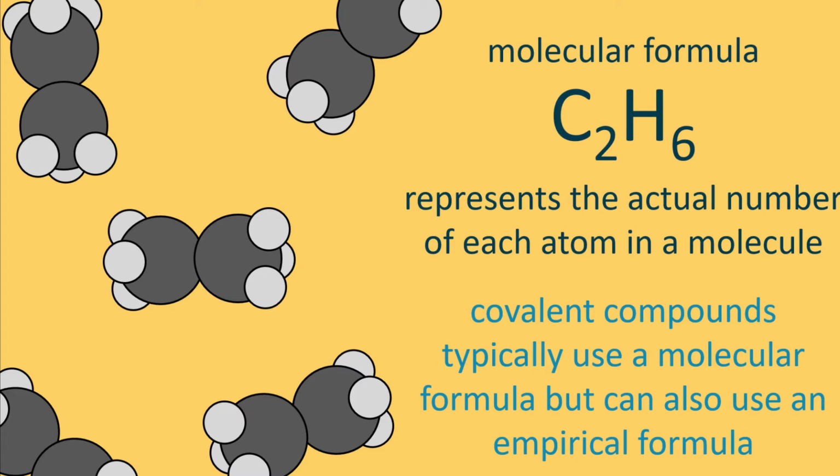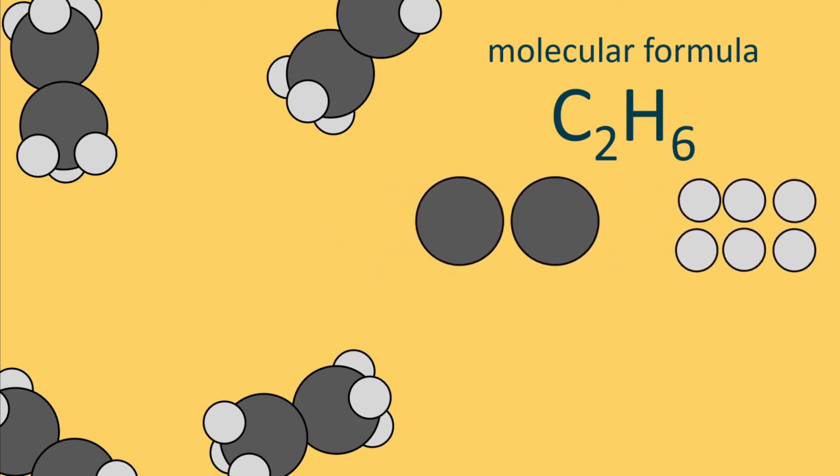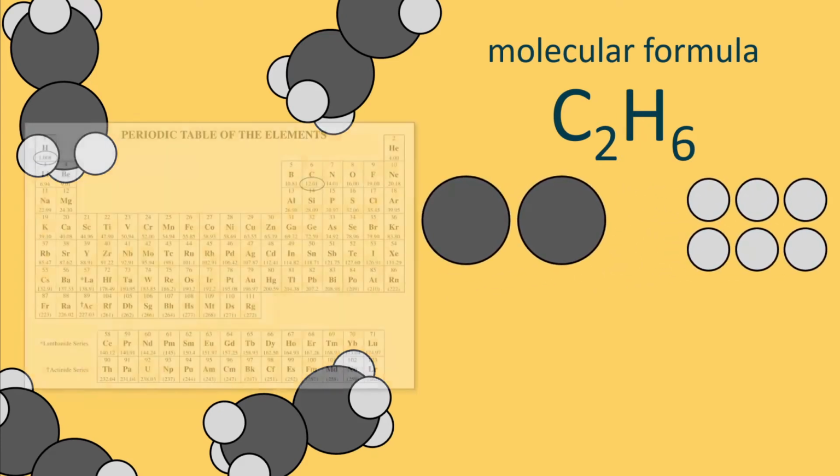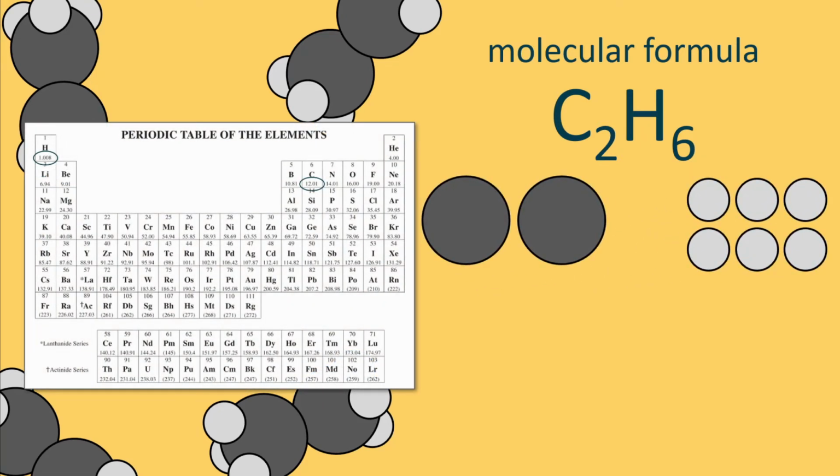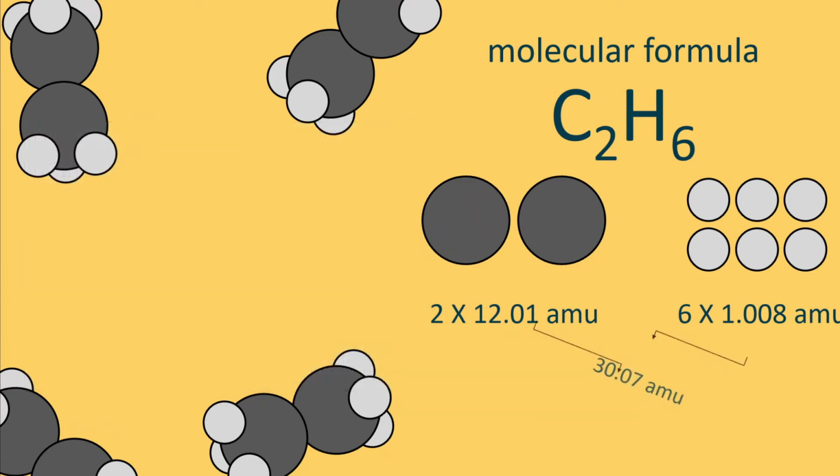So if we want to do this, it's the same concept. We're going to find our total molar mass first. Looking at our periodic table, we can see that carbon's 12.01 and hydrogen's 1.008. Of course, we have 2 of the carbons and 6 of the hydrogens, and that gives us a total of 30.07 atomic mass units, or grams per mole. It doesn't really matter which unit you use for this.